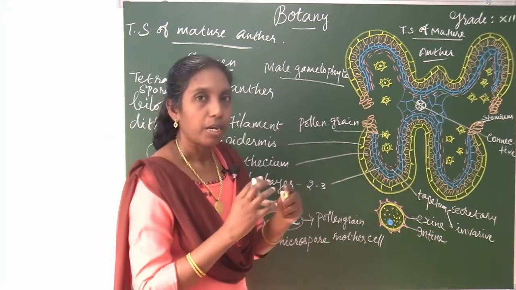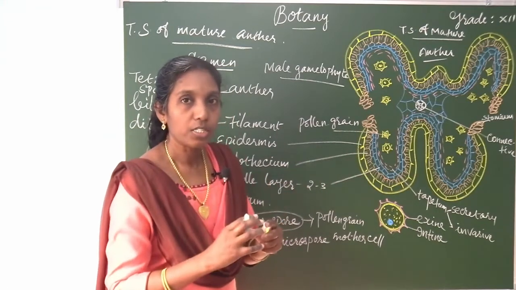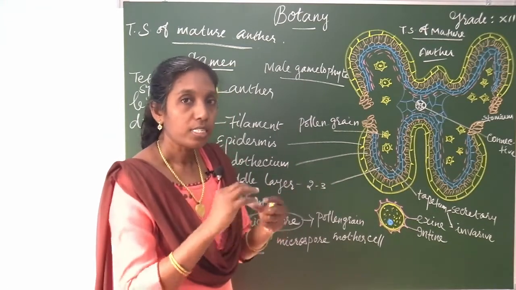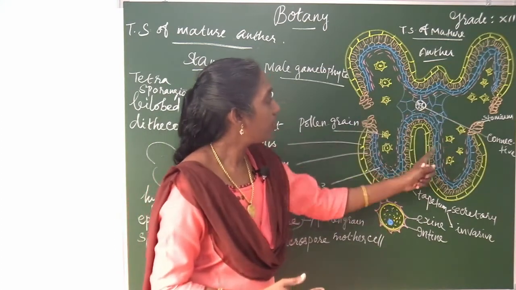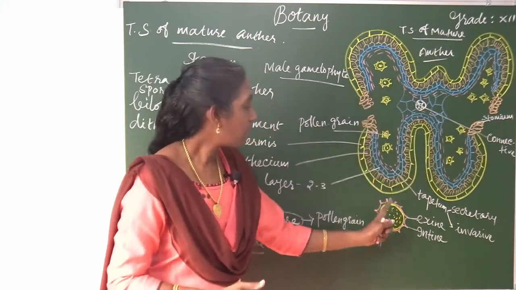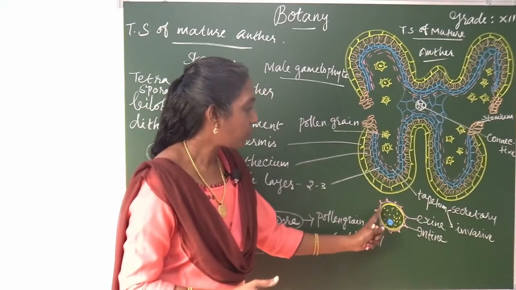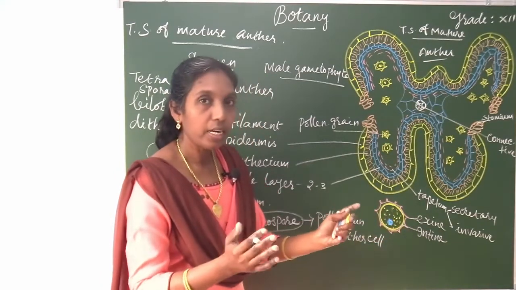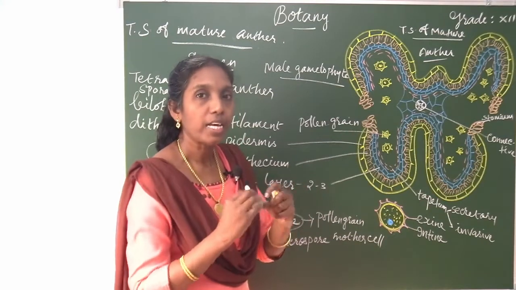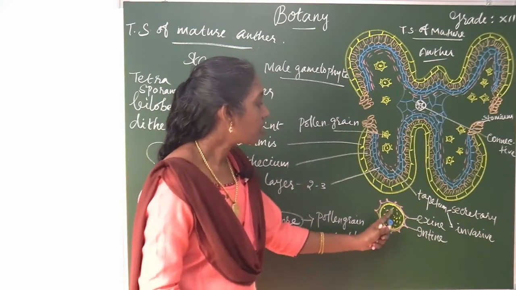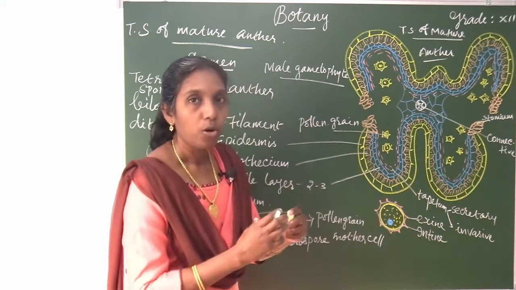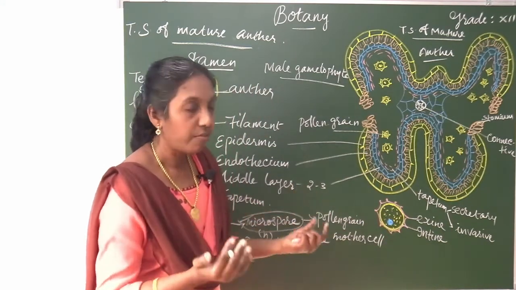Now this microspore consists of a nucleus and dense cytoplasm, because later when this anther is mature, it becomes the pollen grain. This is the structure of the pollen grain, which consists of an outer wall layer, dense cytoplasm as well as a prominent nucleus. Now the nucleus of this pollen grain starts to divide.